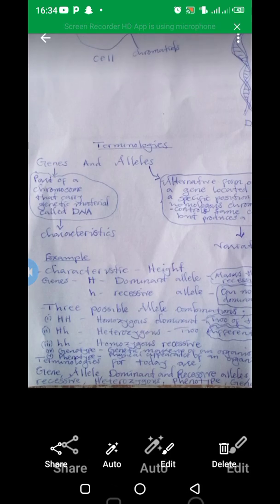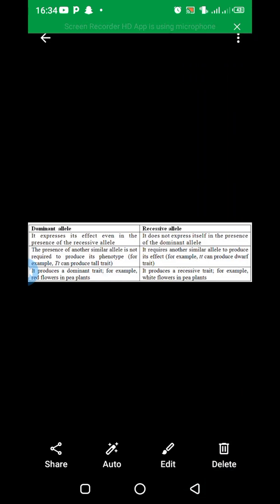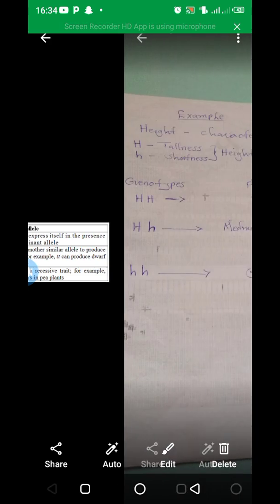I have a definition for what a recessive allele is and what a dominant allele is. A dominant allele expresses its effects in the presence of a recessive allele, while a recessive allele does not express itself in the presence of a dominant allele.